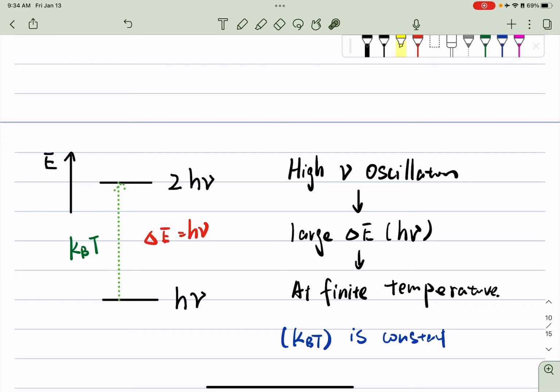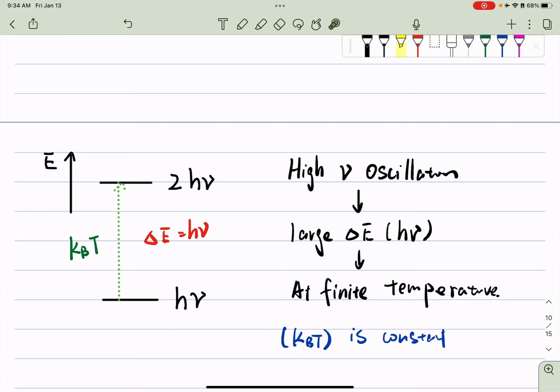So that's where we come to the point: how does this quantum hypothesis help explain the black body radiation? The higher the frequency is, the lower the wavelength is, and this delta E gets bigger. So at constant thermal energy, kBT, it has a lower probability of being activated.